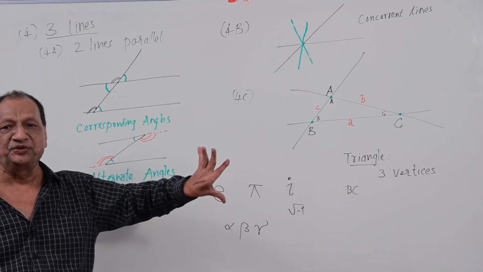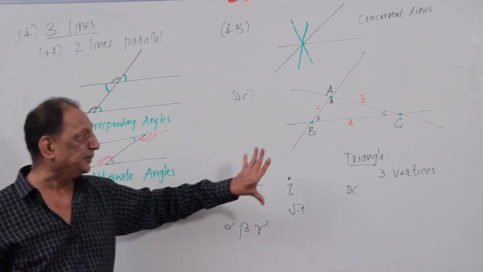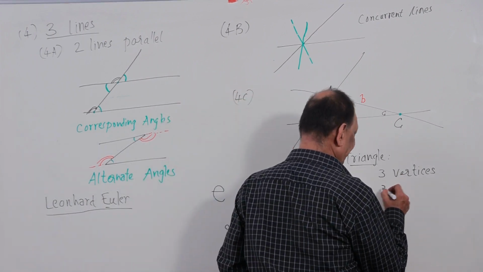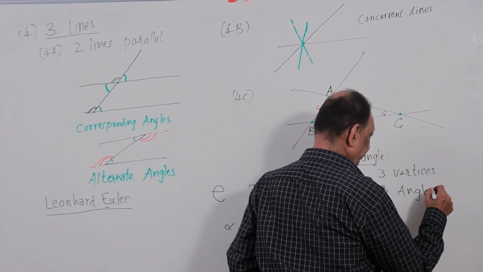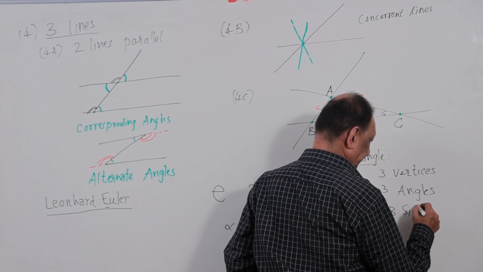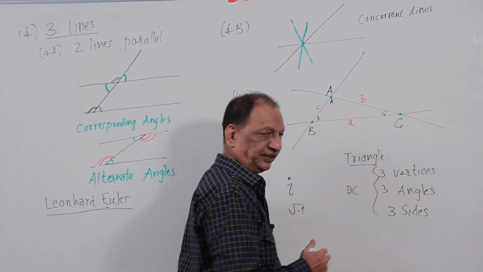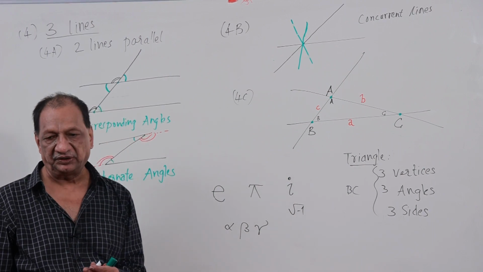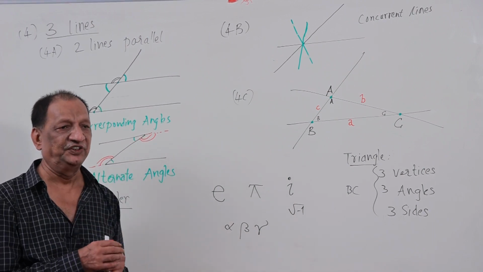Now if you use this combination for the naming of the 3 vertices, we have 3 angles and 3 sides. Everything is 3 in the case of a triangle. So obviously life is simpler when you write with those symbols.